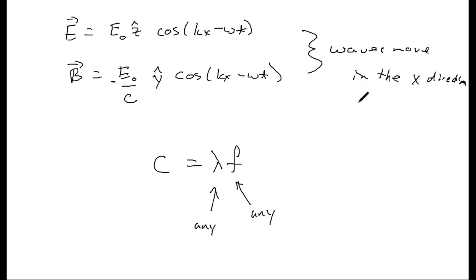If we rank different kinds of light waves, we could have a long wavelength, which is low frequency, all the way to short wavelength, which would be high frequency.